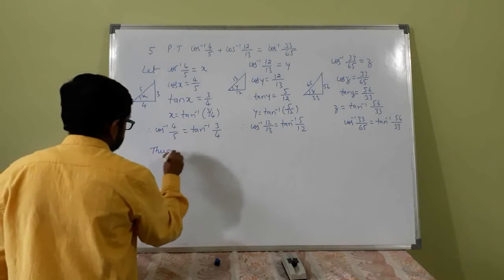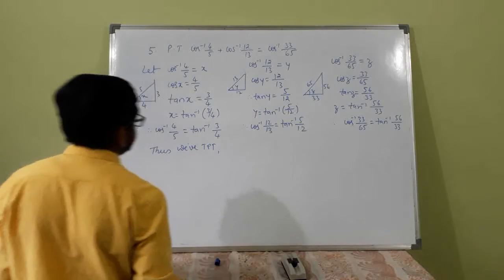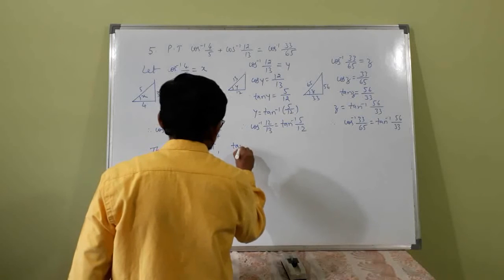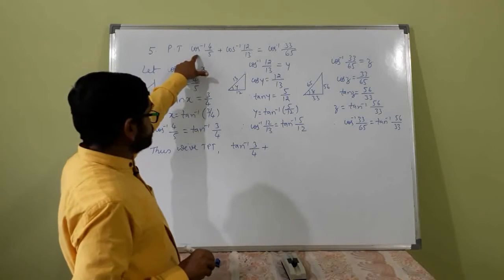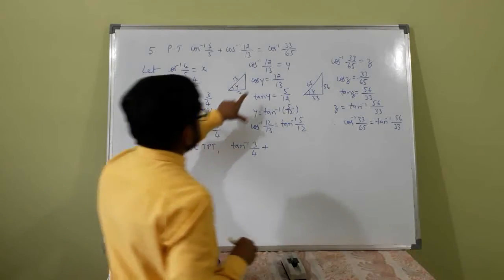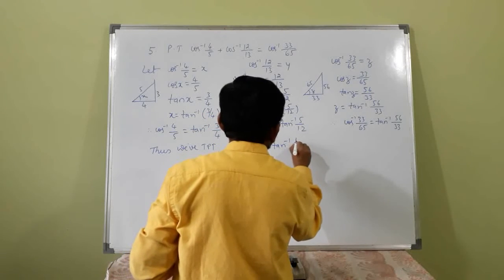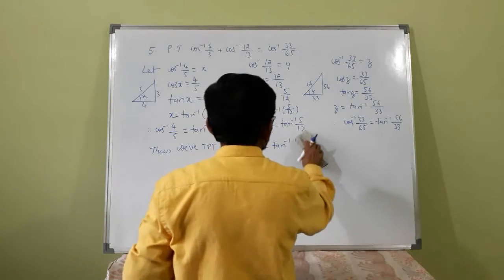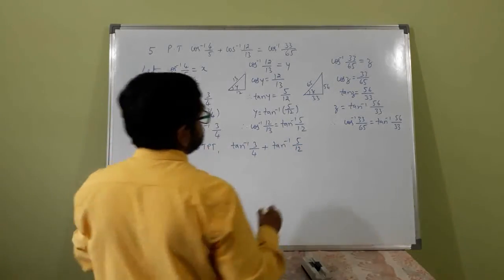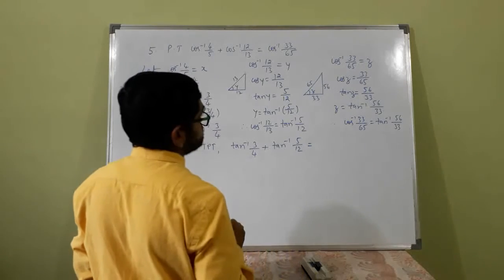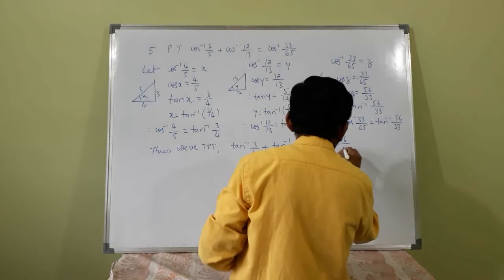Thus we have to prove that tan inverse of 3 by 4 plus tan inverse of 5 by 12 equals tan inverse of 56 by 33, because cos inverse of 4 by 5 is the same as tan inverse of 3 by 4, cos inverse of 12 by 13 is the same as tan inverse of 5 by 12, and cos inverse of 33 by 65 means tan inverse of 56 by 33.